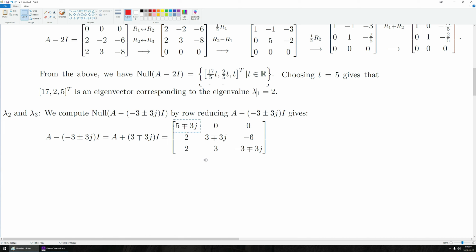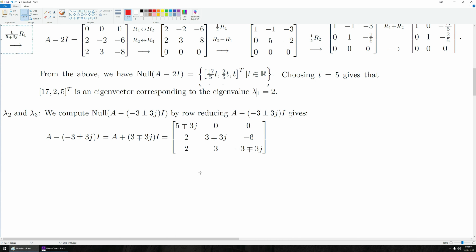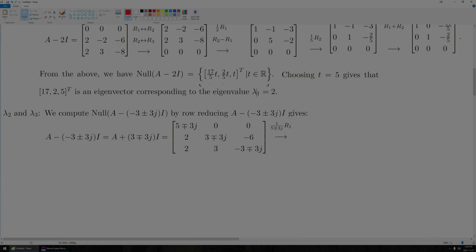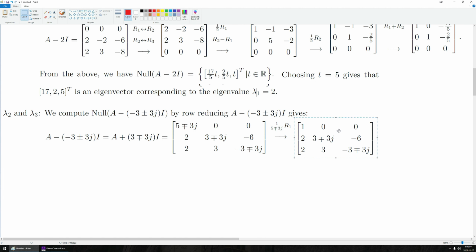So I can simply turn this into a 1 by dividing by this quantity here, this 5 minus plus 3j. Okay, if I do this, these other two terms, since they were zeros, stay as zeros. So here, dividing by this doesn't introduce any complications in simplifying things.